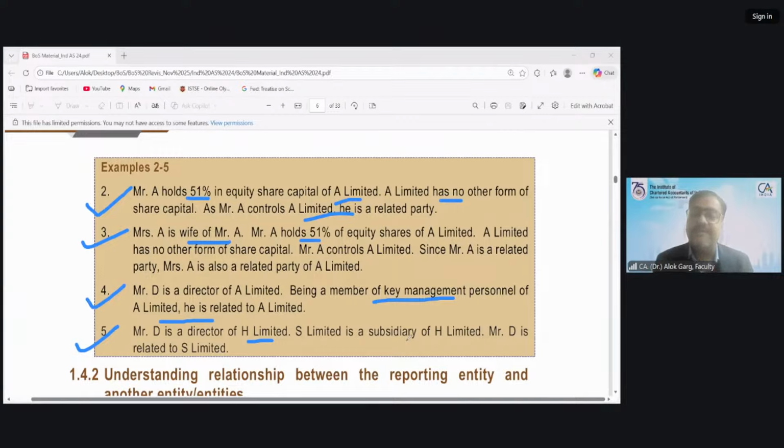We read now a person who is having a control, joint control or significant influence over the entity will become a related party, and if he becomes a related party, his relative also becomes a related party. And we also read that if that person is a KMP of that reporting entity, or a KMP of the parent of the reporting entity, he is related. So Mr. D is the KMP of the parent of the reporting entity, which is S Limited. So Mr. D is also related to S Limited.